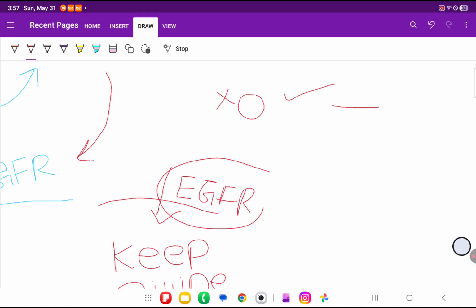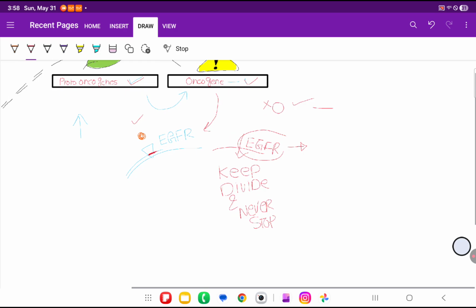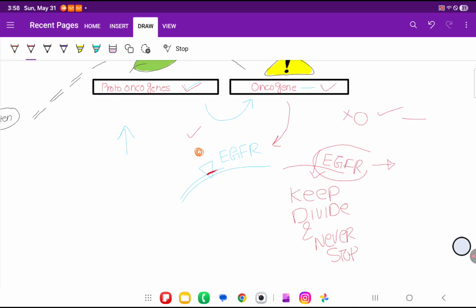In the case of mutation, there is no growth signal, so the cell normally should not divide. But because this is a mutated receptor, it will keep the cell in a dividing stage, and this can cause cancer. This is the brief introduction overview in which we have understood proto-oncogenes and oncogenes.